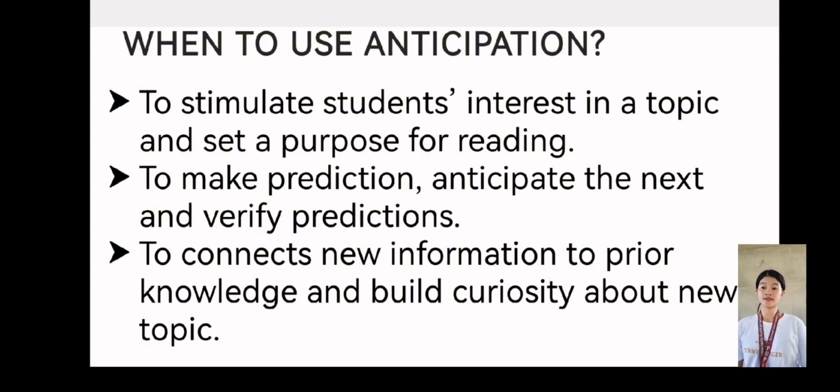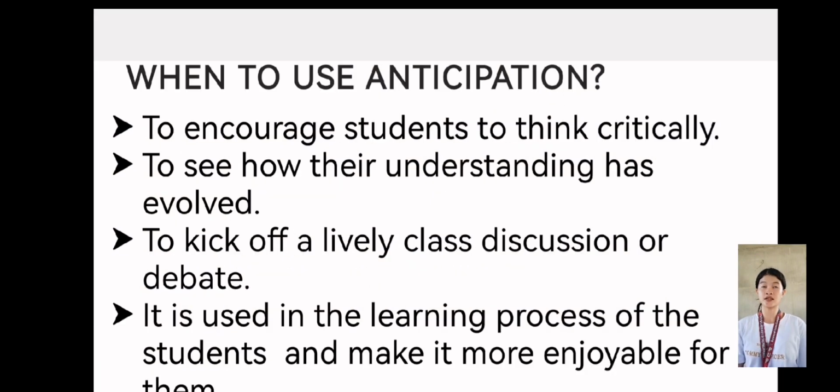Next, to connect new information to prior knowledge and build curiosity about a new topic. In this step, it will test the prior knowledge of the students and also enhance their reading comprehension skills. Next is to encourage students to think critically.